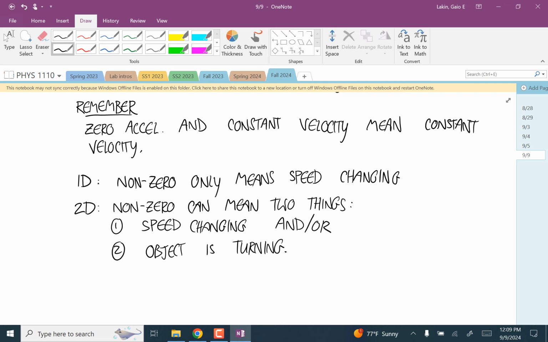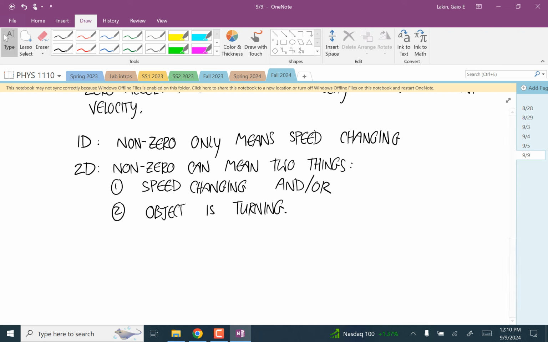The speed wouldn't be changing, but you know that you'd be having to fight some kind of force that feels like it's pushing you towards the door. You'd have a feeling in your stomach. All of that is the acceleration. Even though the speed wouldn't be changing, the fact that you're turning would mean you would feel that acceleration. Okay, but turning doesn't exist in 1D along a line. There's nowhere to turn.